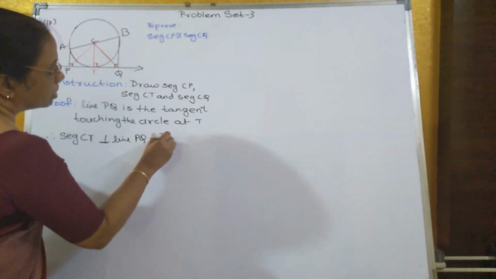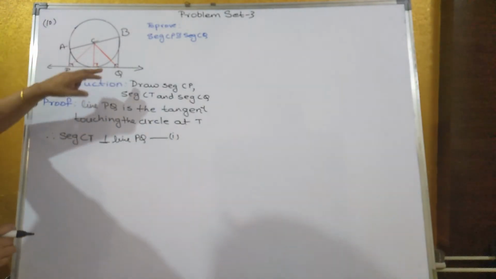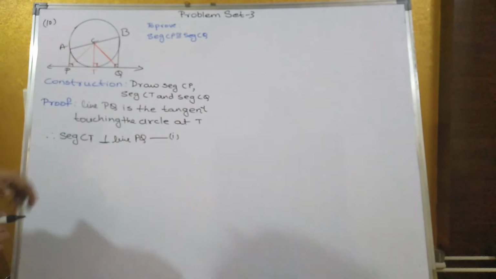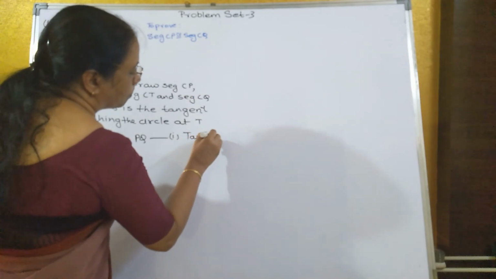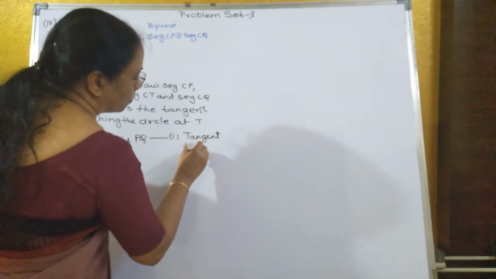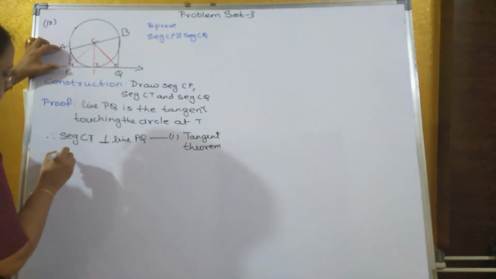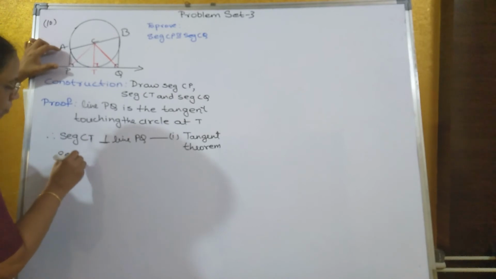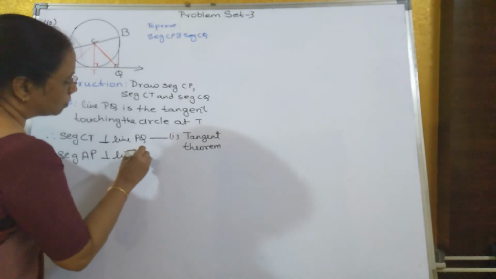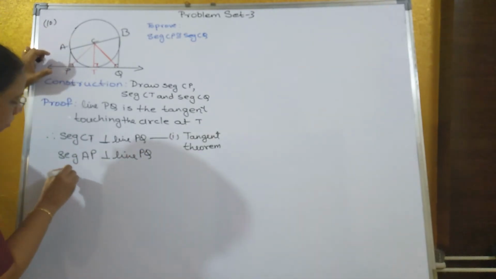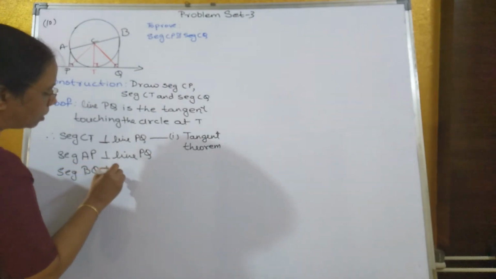Reason, what is the reason? Let us take this as 1. So why is CT perpendicular to PQ? Because PQ is a tangent and CT is a radius. So by tangent theorem. And they have already given that seg AP is perpendicular to line PQ, and seg BQ is also perpendicular to line PQ.